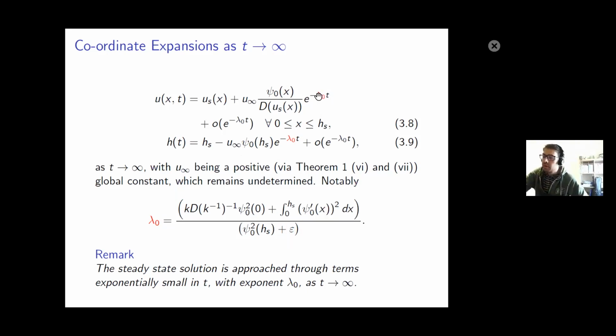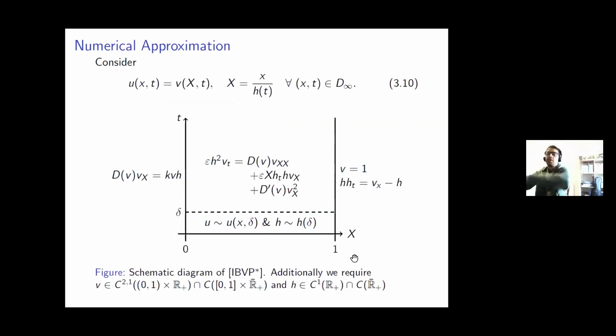So we know that for any values of k and epsilon, we have exponential convergence to the steady state, which is good because it means our numerical method will, in principle, work well. So now, we know what the solution looks like for large t, and we know what the solution looks like for small t, or t near to 0.